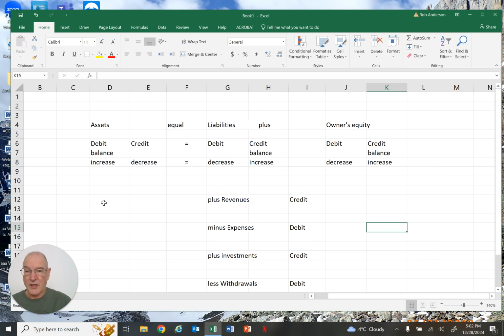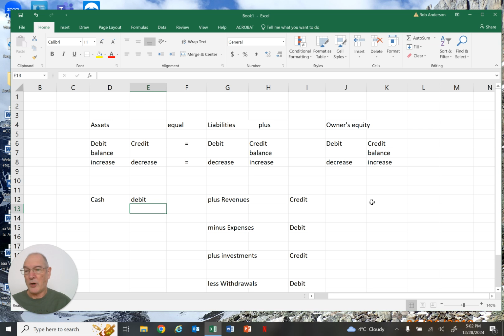Well, what's going to happen is that when the person gives us the $200, we're going to have more cash. And as we looked at last time, cash is an asset with a debit balance side and a debit increase side. So if cash goes up, then cash goes up with a debit.